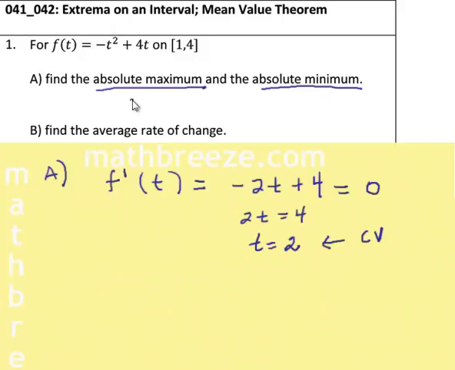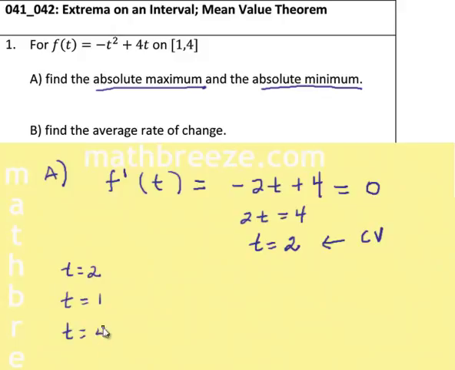Now, to find absolute max and absolute min, we test the critical value and the two endpoints 1 and 4. We make a little table. So the values that we're going to test are the critical value t = 2, and the endpoints t = 1 and t = 4.